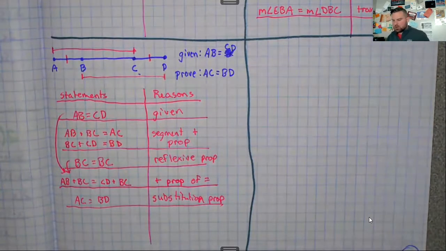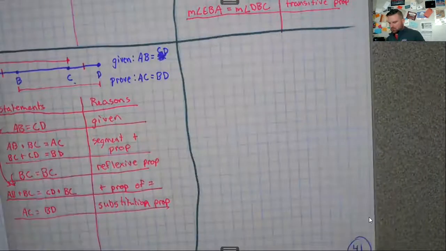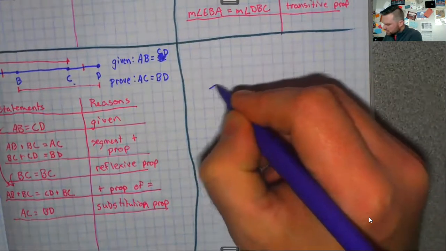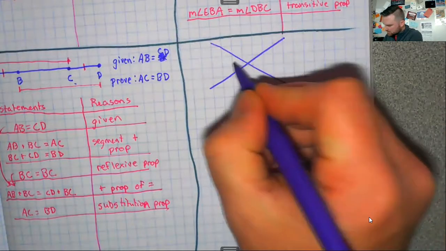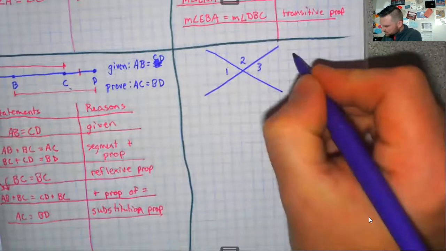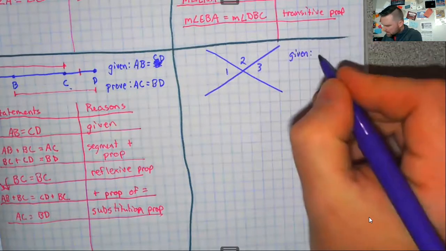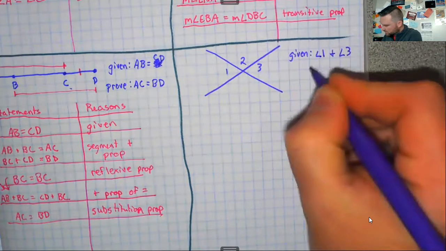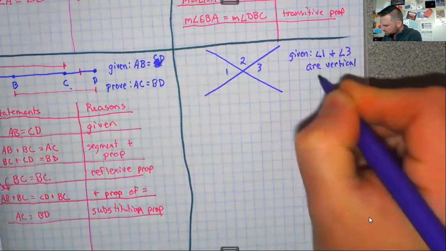Okay, now we can look at some of these angle pairs we've been doing and do a problem with those. So let's look at this problem. They give us this picture, 1, 2, and 3. They say given angle 1 and angle 3 are vertical angles.